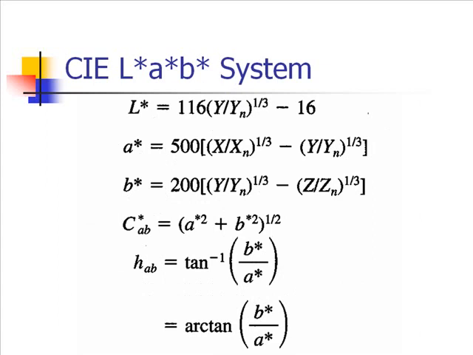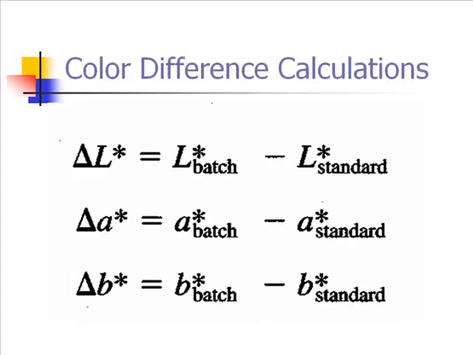There's no simple equation that goes with these. They're either one system or the other. Again, they're all based on the tristimulus values, or the X, Y, and Z values. That's where those absolute numbers come from. The absolute numbers for LAB or LCH are calculated by the computer.